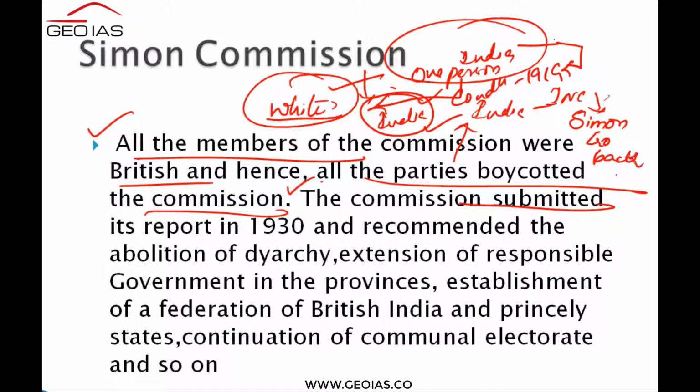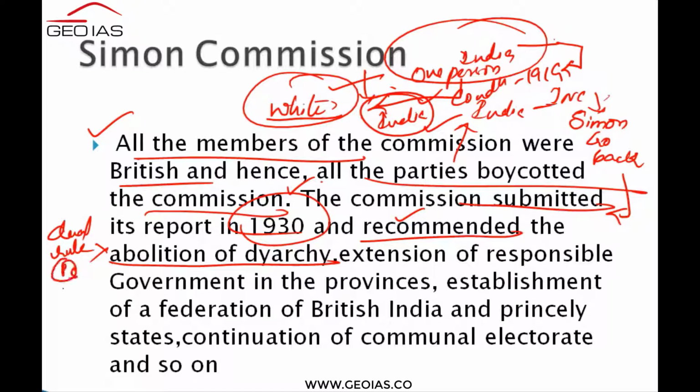The commission submitted its report in 1930, and it recommended some major provisions, like abolition of diarchy. So the dual rule, where provincial subjects are divided into transfer and reserved subjects, should be abolished, and the responsible government should be extended in the provinces.